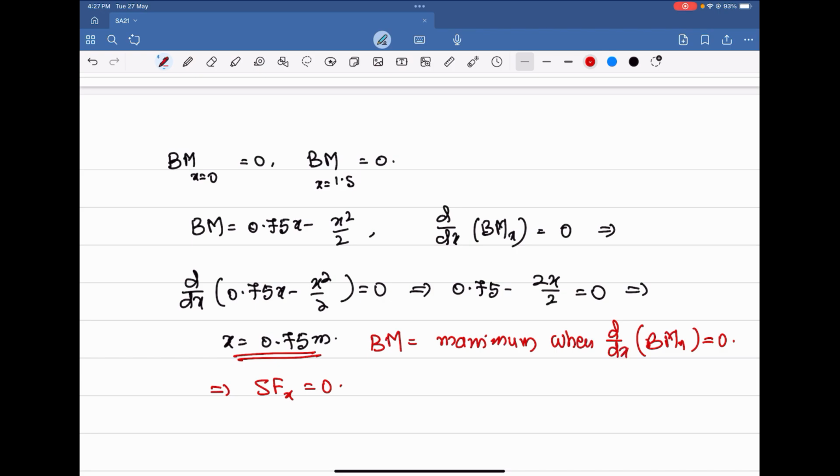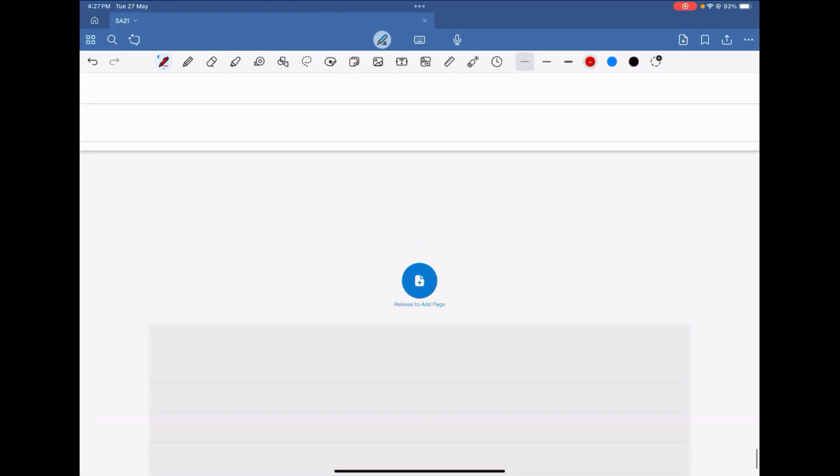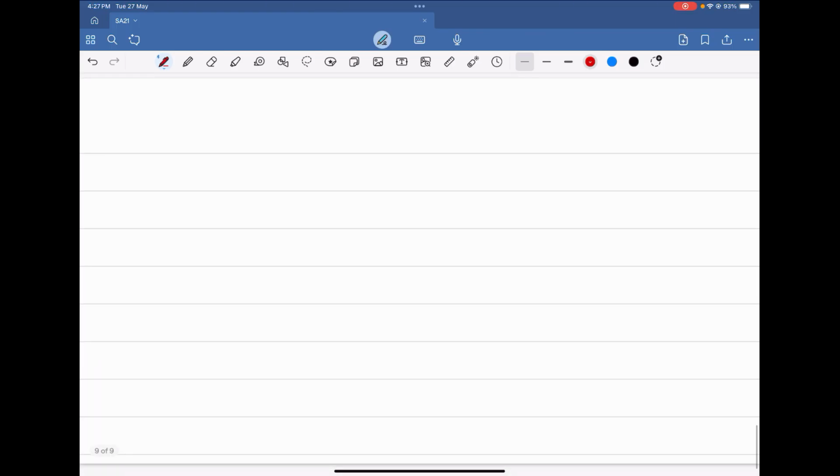We have got the 0 points of the bending moment from 0 to 2. And another. At the point 2, what is the bending moment value?